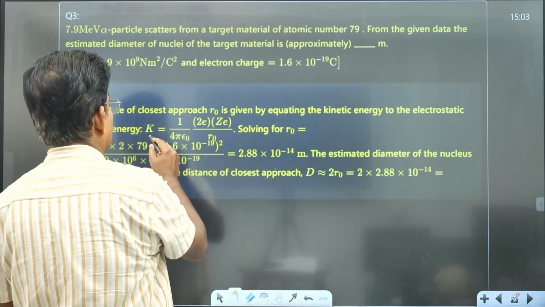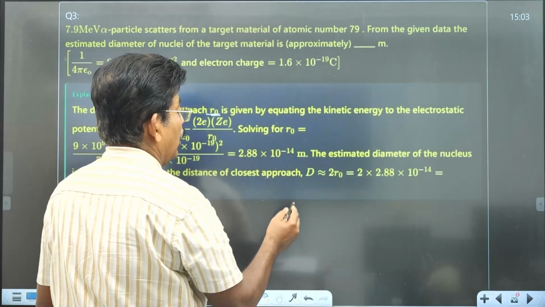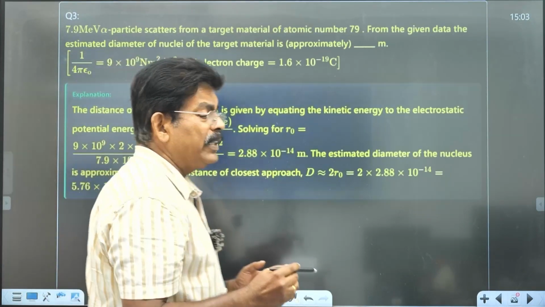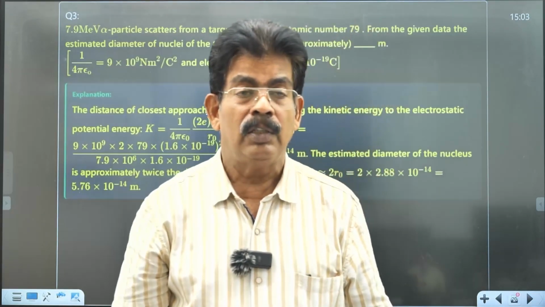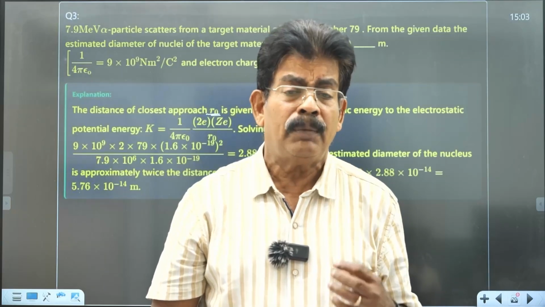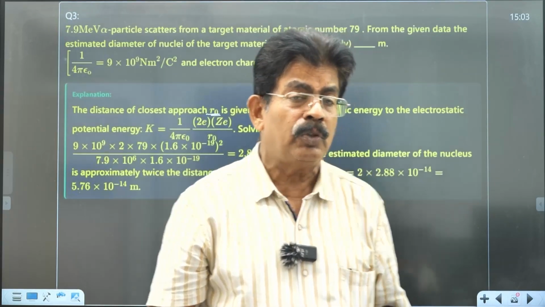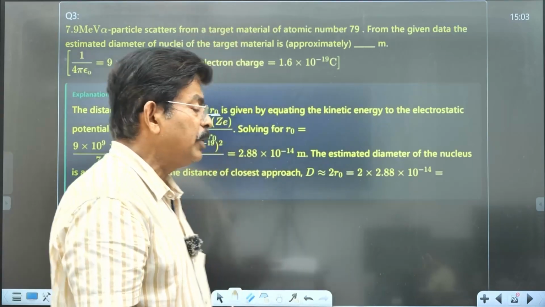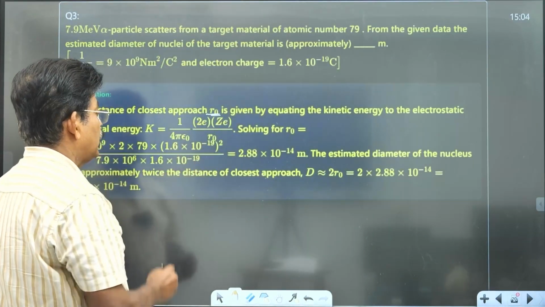At distance of closest approach R0, the alpha particle stops for a moment and then retraces. It reaches maximum closeness to the nucleus, and the entire kinetic energy becomes zero. Kinetic energy is converted into electrostatic potential energy.